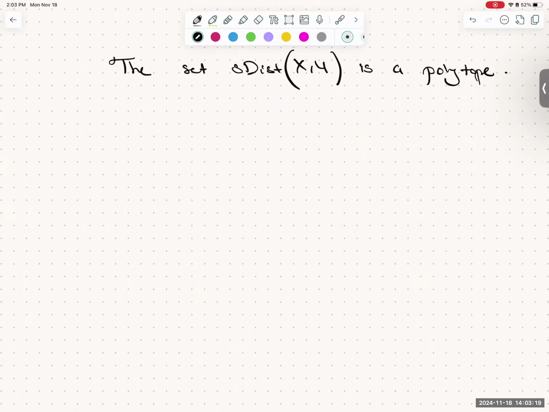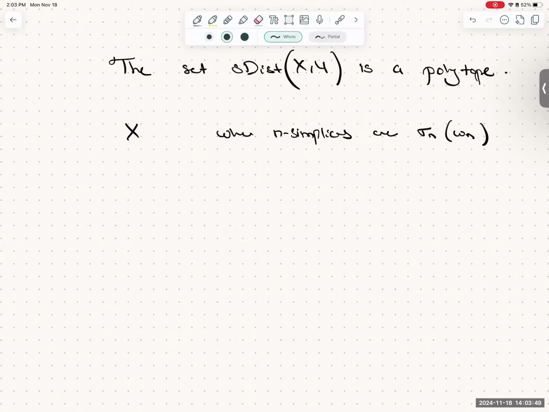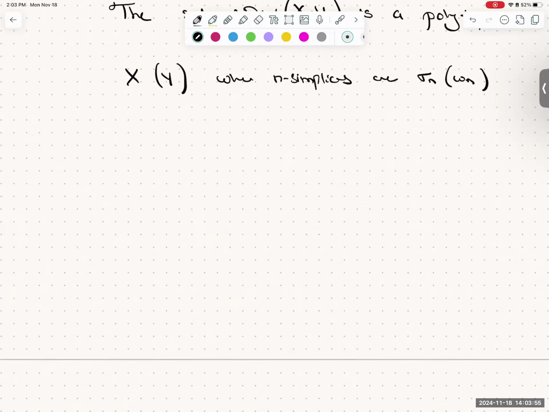I'm just going to basically repeat myself from before, which is that it's not hard to see that this is a polytope now that we know what the definition of, for example, an H polytope is, because if we have simplicial sets X, Y, where the n simplices are sigma n or omega n, so I will write it like this.